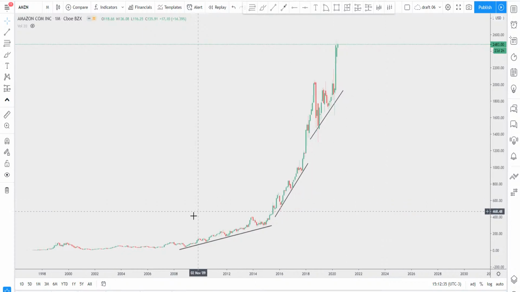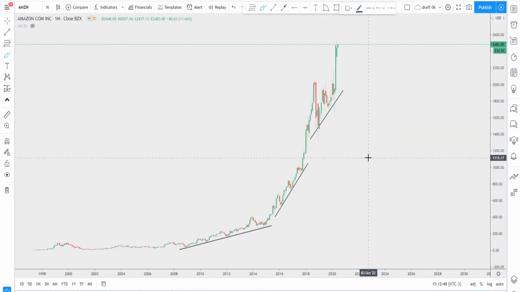Okay, so what's the deal about those lines here? The lines are the theory that I'm working on, called the mirror trend. I already talked about it before in other videos.